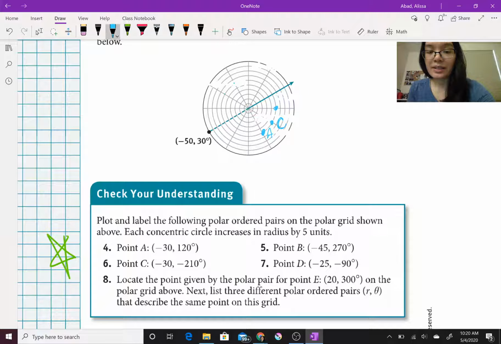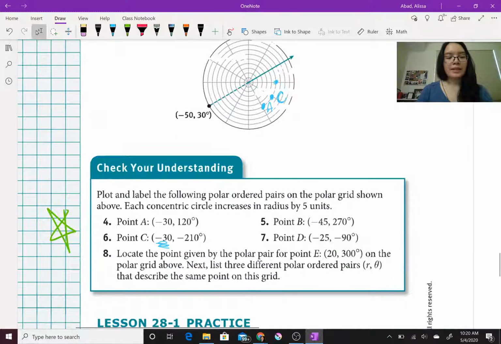This is negative 210 degrees, but I'm going in the opposite direction of it, and that's still landing on C. So either way, whether you're doing positive first and then going the opposite direction, or you use the negative, you're still going that many degrees over, and it still gives you the same thing.